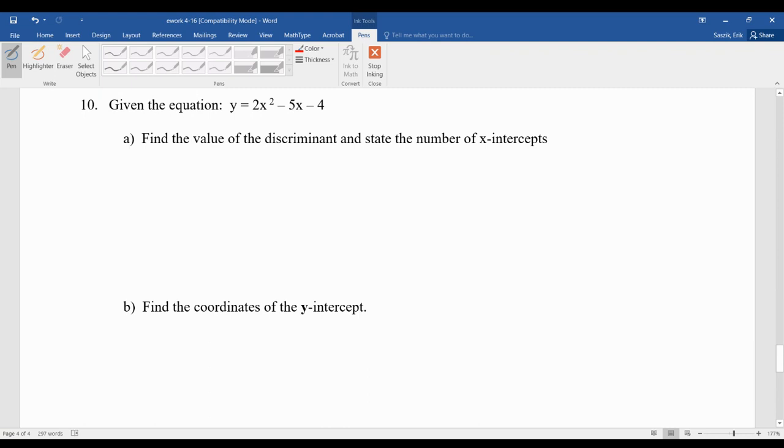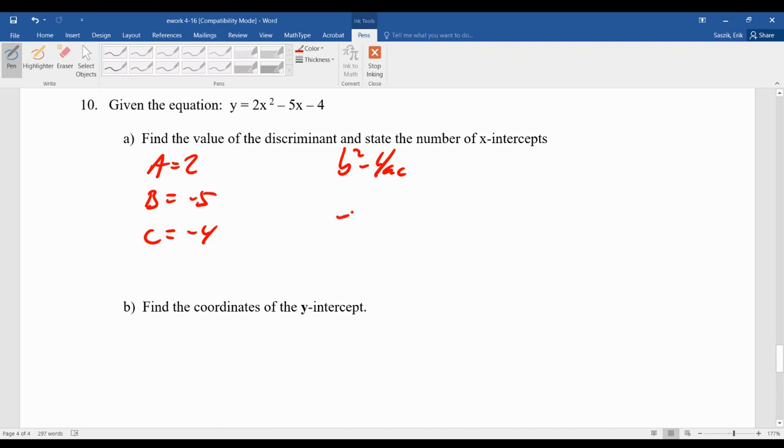Here, find the value of the discriminant, state the number. So that's just what we've been doing. A is going to picture the y as a 0. A is 2. B is negative 5. C is negative 4. So we want to do B squared minus 4AC. All right.